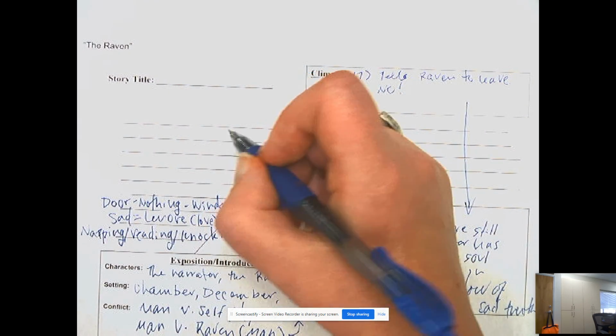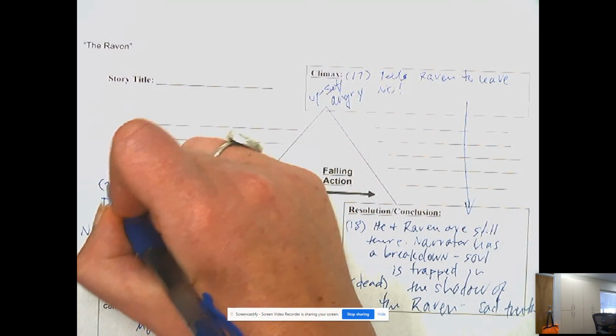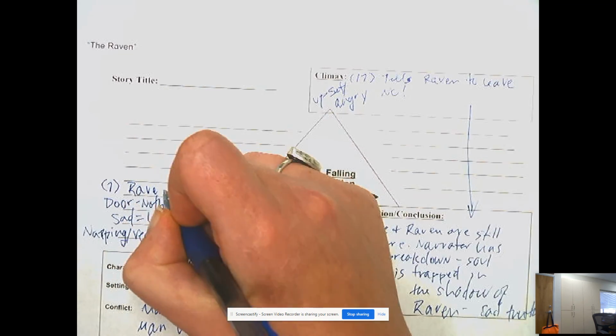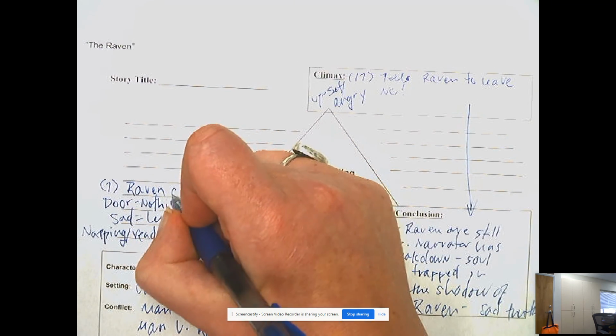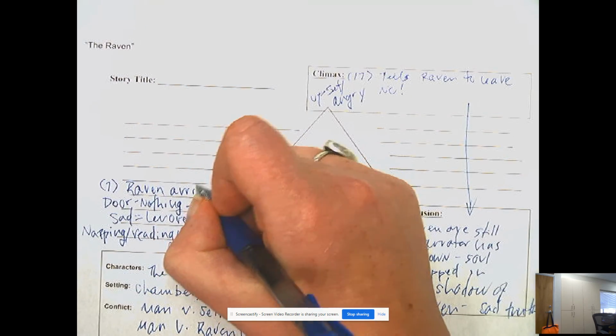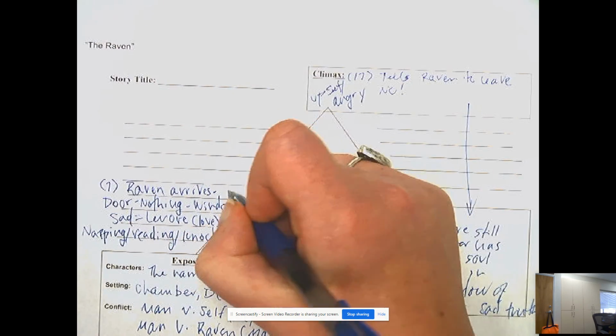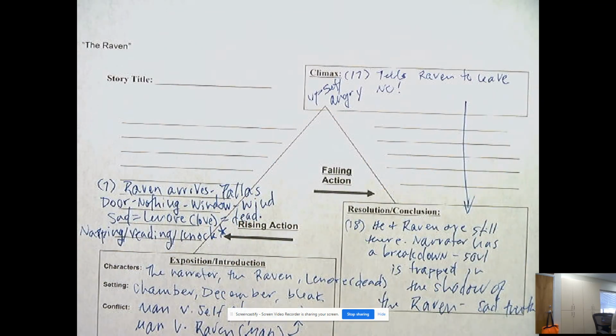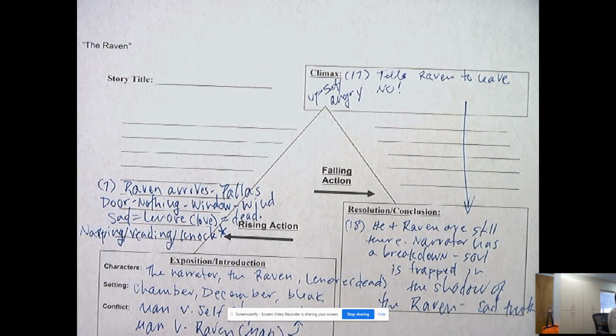However, in stanza 7, very important stanza, the Raven flies in through the window. So the Raven arrives, and he lands on Pallas. And this is significant because Pallas is the goddess of wisdom.